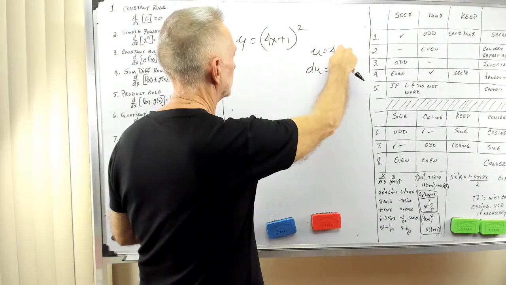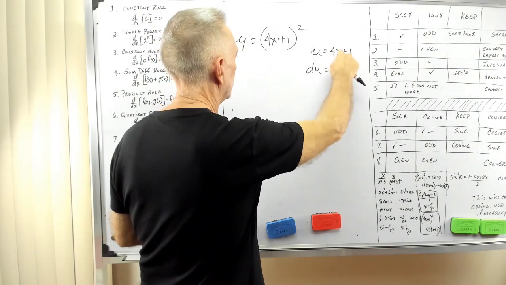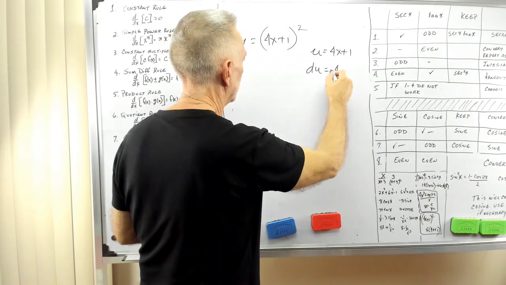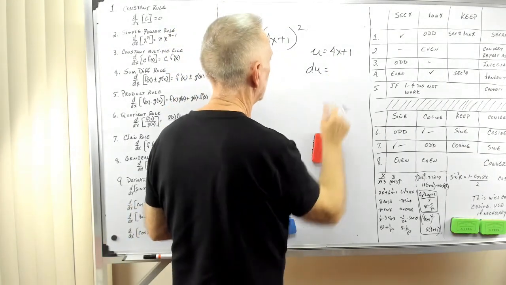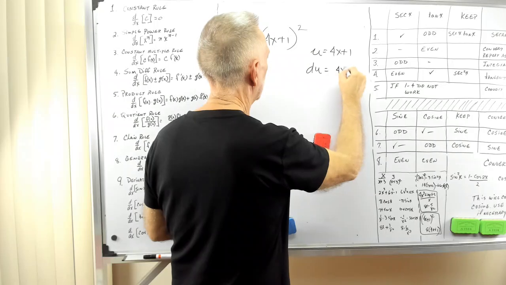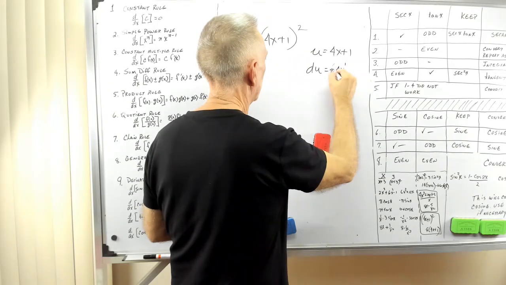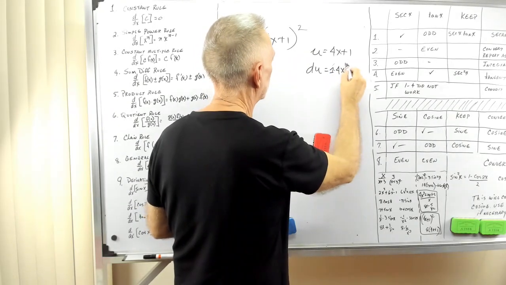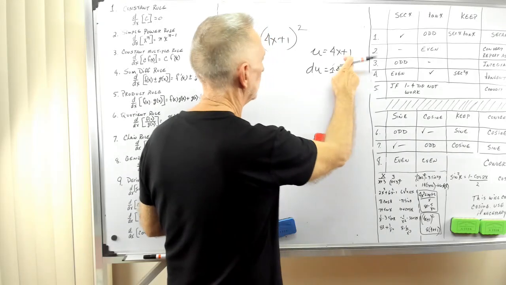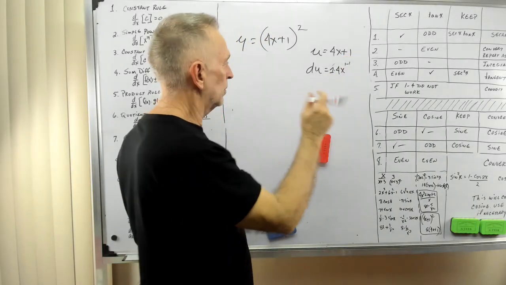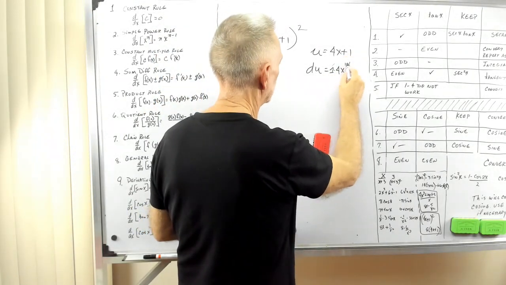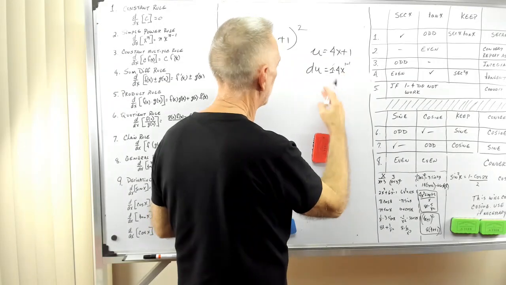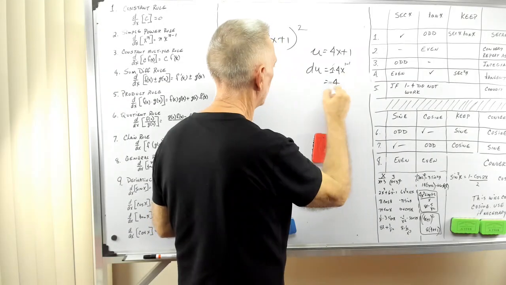Derivative of 4x, 1, bring the 1 down, then, well, let's just do that. That's 4x to the 1, bring the 1 down, so that's 1 times 4x to the 1 minus 1. Derivative of a constant is 0, so x to the 0 is 1. 1 times 4 times 1 equals 4.